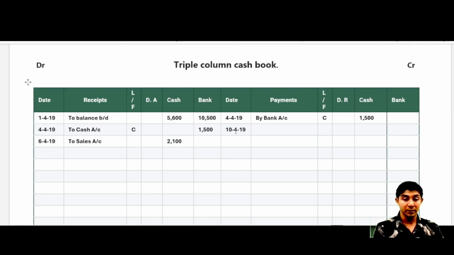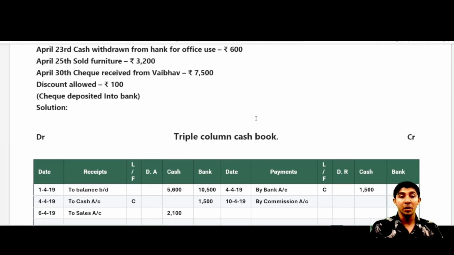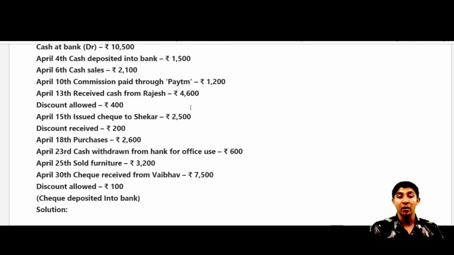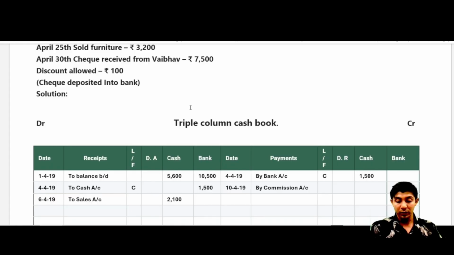So in the payment side what we need to write? by, क्या पे करें हम? कमीशन. by कमीशन अकाउंट. कैसा पे करें आप? पैसे दिए नहीं, we have paid through Paytm. पेटीएम के थ्रू जब आप पे करेंगे so we need to enter the amount in the bank column. क्योंकि बैंक में से पैसे डिडक्ट होते हैं, पैसे किधर से जा रहे हैं? बैंक में से. इसलिए हम बैंक कॉलम में अमाउंट एंटर कर रहे हैं, that is 1200.